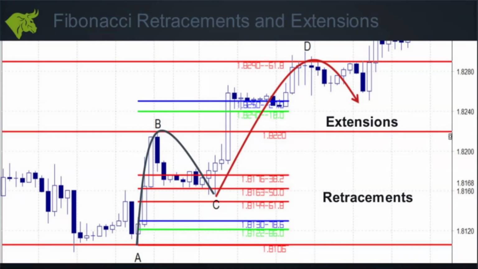Look at your D. See, red to red. It came to one of these three: 38.2, 50, 61.8. So if you find your C in this red area, put your take profit at 161.8, which is the corresponding red level. Okay.